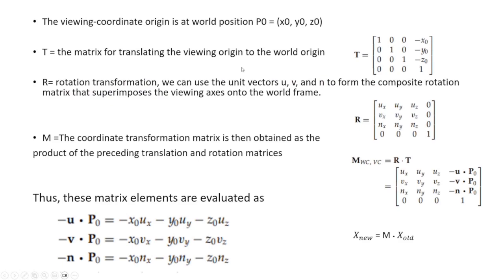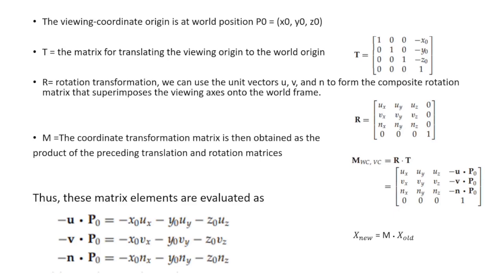We assume that the viewing coordinate origin is at world position P0, (X0, Y0, Z0), and T is a matrix for translating the viewing origin to the world origin. R is the rotation transformation matrix, used to rotate the vectors. And the final transformation matrix is obtained by the product of the T matrix and the R matrix.